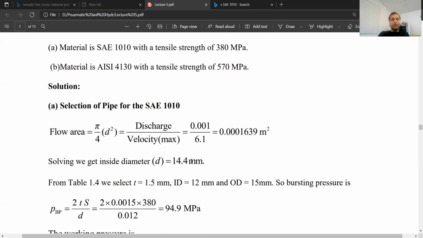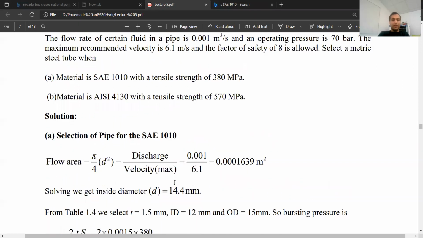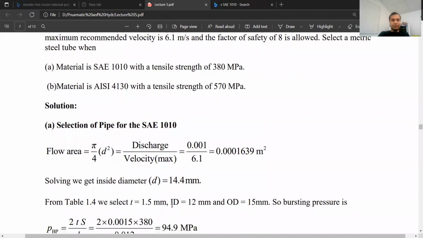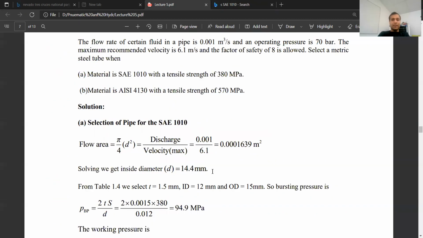We just go for the diameter, which is going to be that one, 12. The outer diameter is 15, from the table. And the thickness has to be 1.5 because 12 plus 2 times 1.5 is 15.